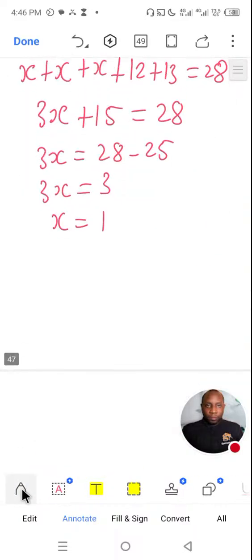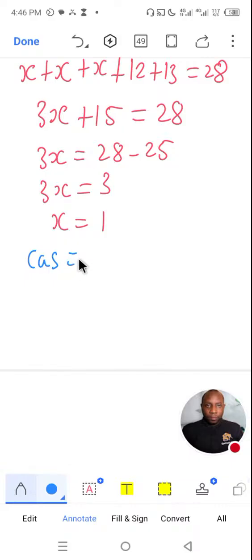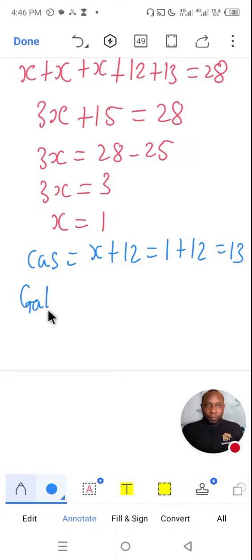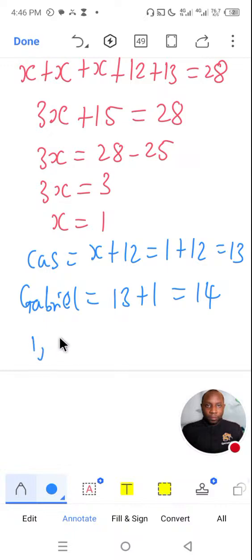So Cass, which is x plus 12, will be what? x is 1, so you have 1 plus 12, and that's 13. So what about Gabriel? Gabriel is 1 year older than Cass, so that will be 13 plus 1, which is 14. So their ages are 13 and 14 respectively.